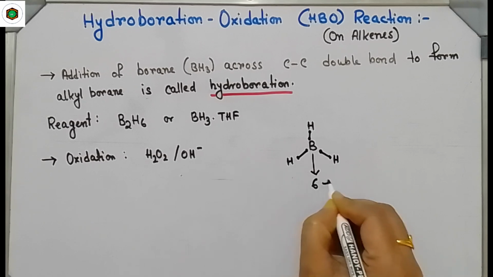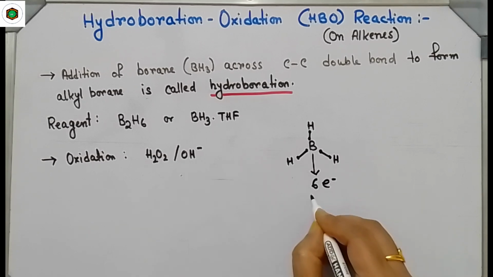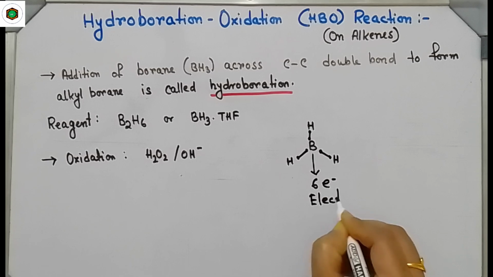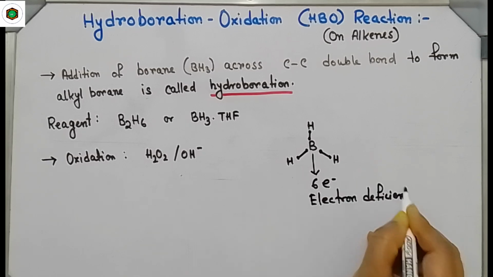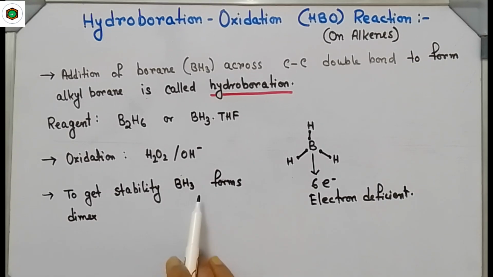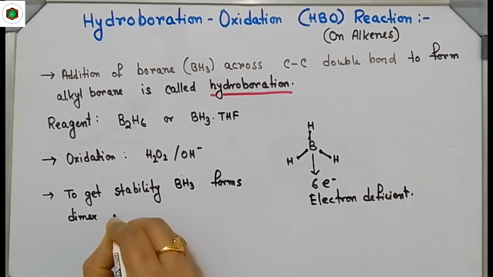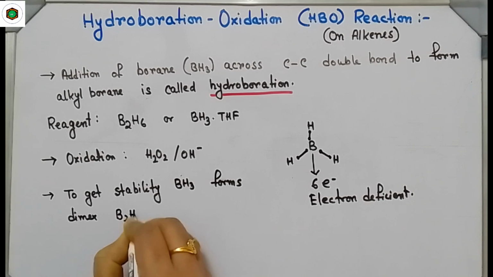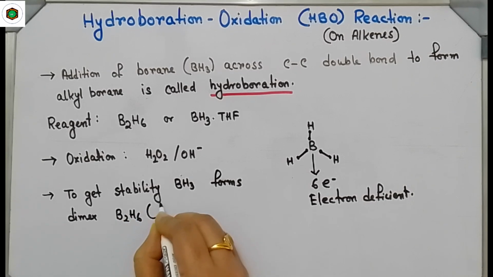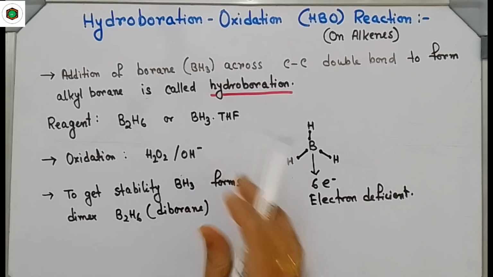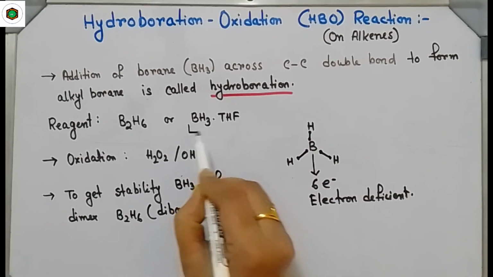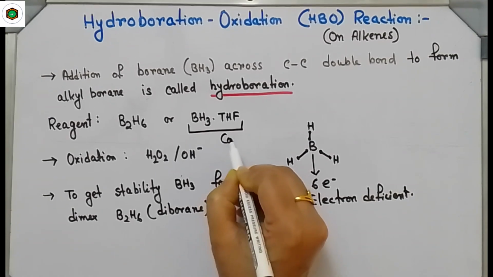It has 6 electrons, therefore it is electron deficient. So to get stability, borane forms a dimer, which is B2H6, diborane. Or you can use the borane THF complex.